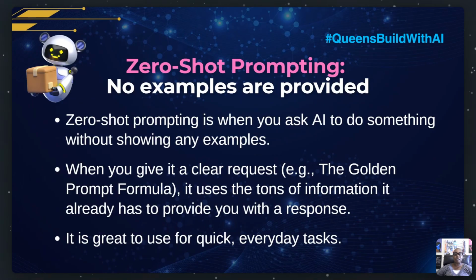And so, because all LLMs have tons of information they've been trained on, what it will do is provide a response, not necessarily what you want, but something that may be similar to the information they've been trained on. Zero shot prompting is great to use if you want to prompt for quick everyday tasks.